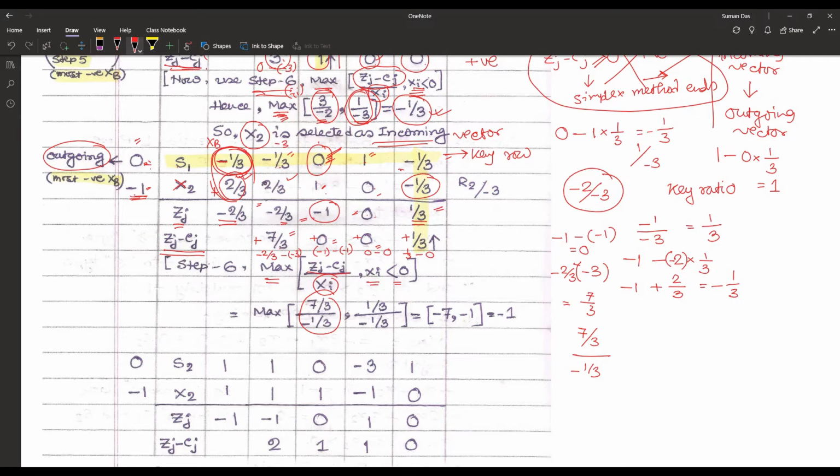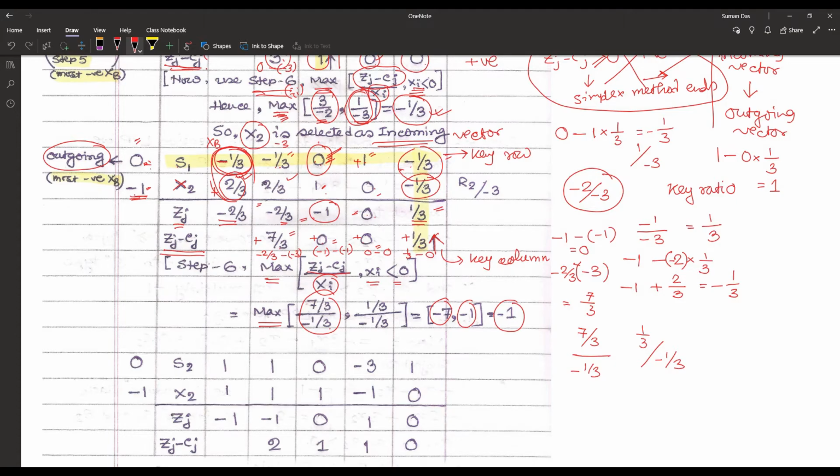For the second one, 0 by 0, that is positive, so we are not considering it. 0 by 1, that is positive, we are not considering it. 1 by 3 minus 1 by 3, that we have to consider. So the next one is 1 by 3 divided by minus 1 by 3, and the first one is minus 7, second one is minus 1. Which one is the maximum? Minus 1. So we choose that column, and that is our key column.